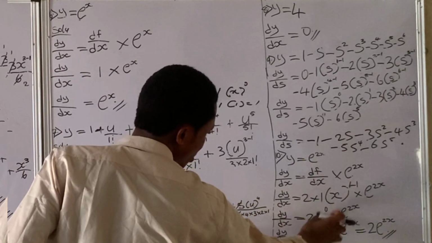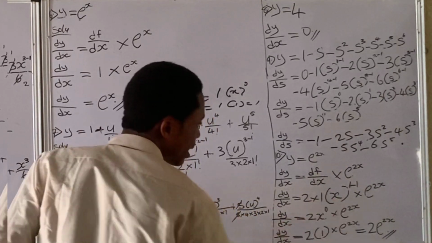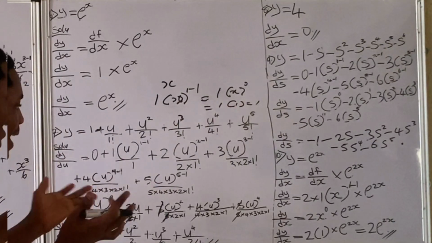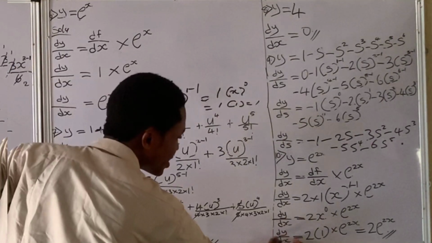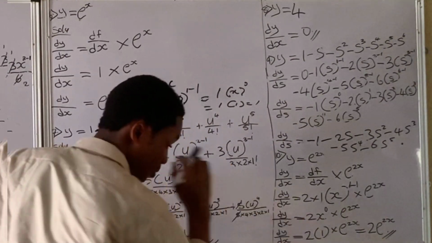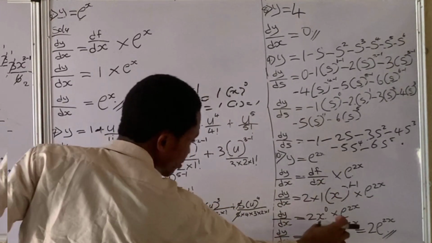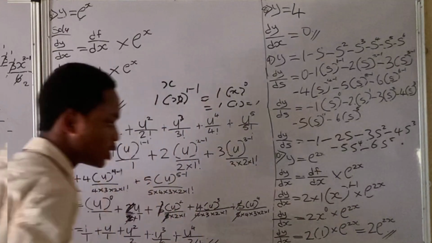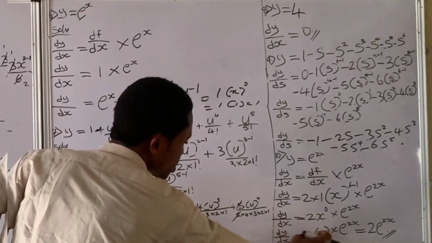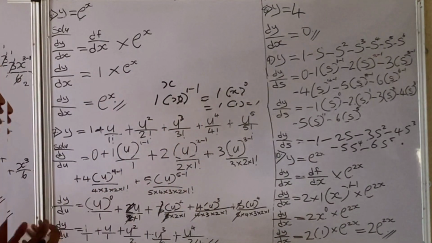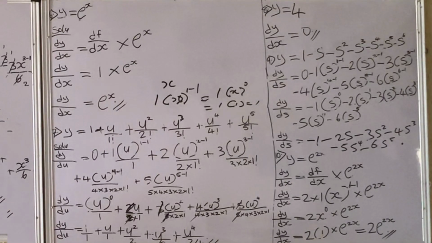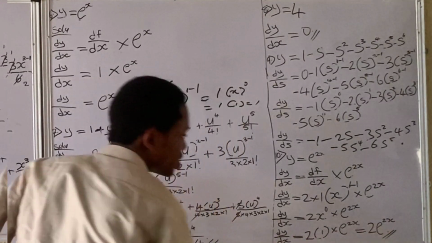So, x to the power 0 times exponential 2x. dy/dx equals 2, x to the power 0 will give you 1, times exponential 2x. 2 times 1 will give you 2. So 2 times exponential 2x is the answer.